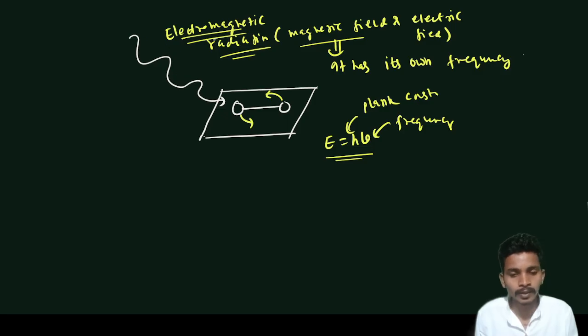So whenever you give electromagnetic radiation to these molecules, the radiation has its own frequency, and the molecule is rotating with some frequency.